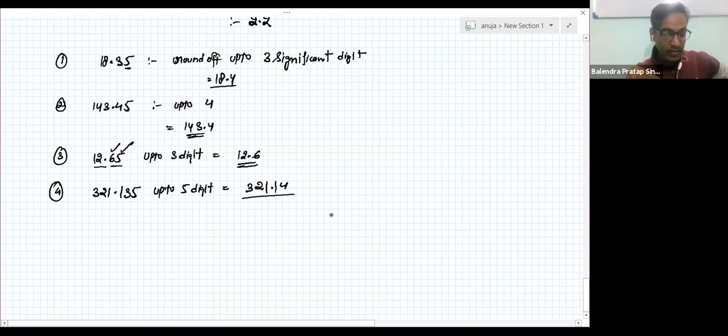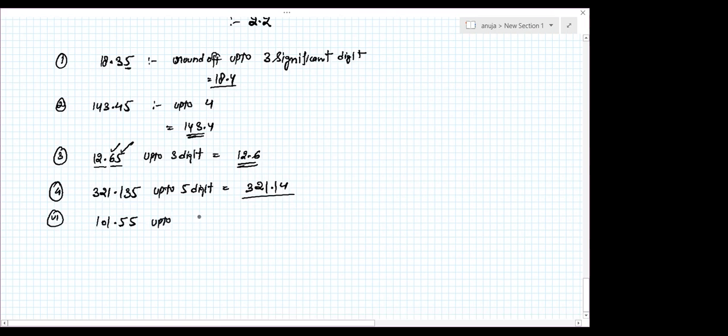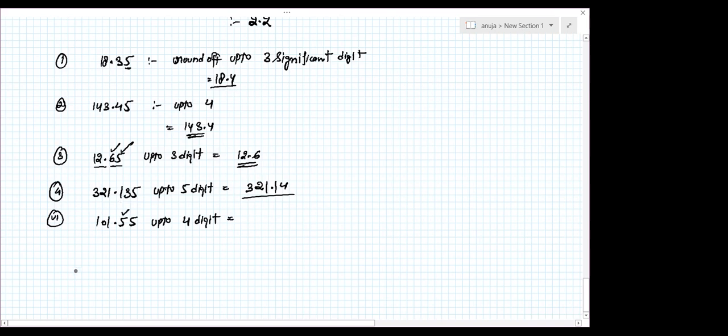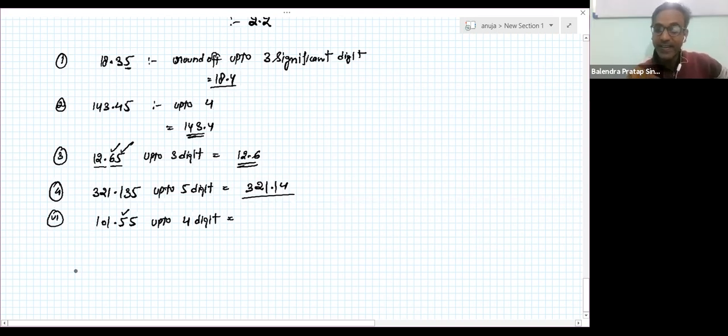Now next question is number 5: 101.55 up to 4 digits. It will be the same, 101.5? Think again, because 5 is an odd number. In the odd number case, you have to increase 1 digit. So the answer is 101.6.